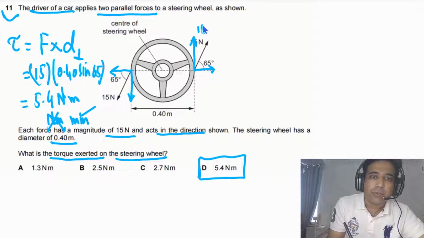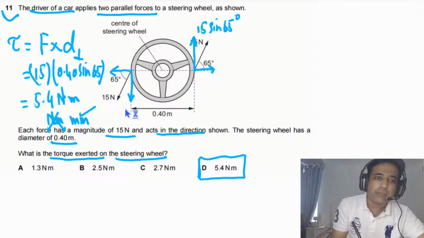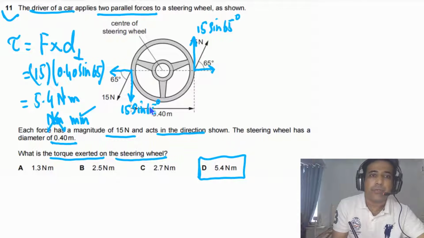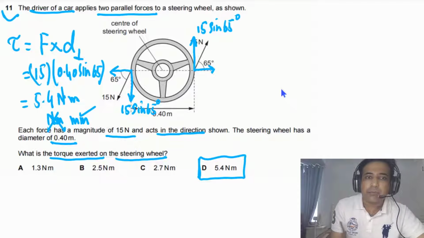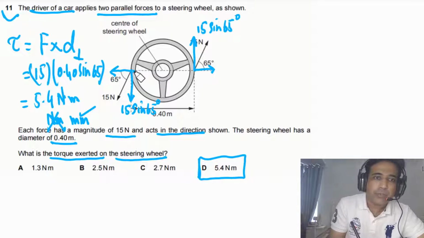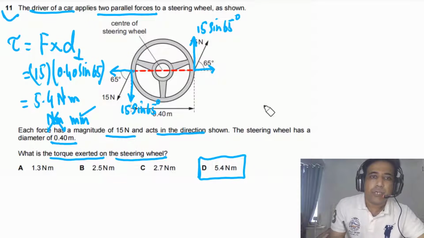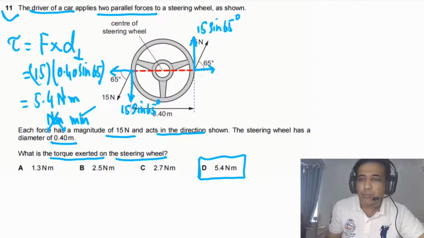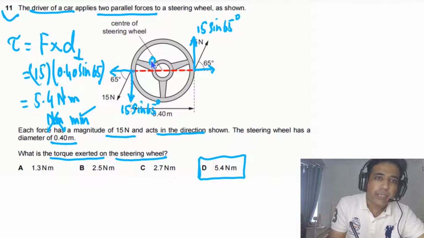This vertical component is 15 sine of 65 degrees, and this vertical component is also 15 sine of 65 degrees. The distance between them is equal to the diameter. So we can draw this line here, the perpendicular distance between these two components of forces, and this distance is 0.40.